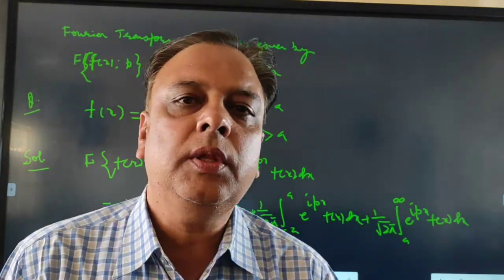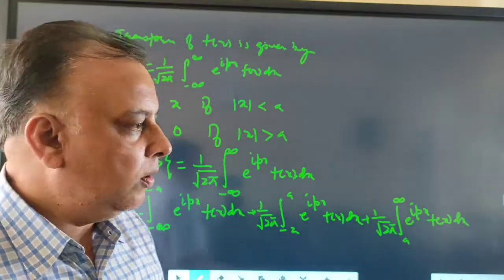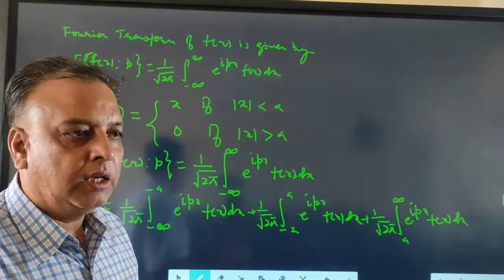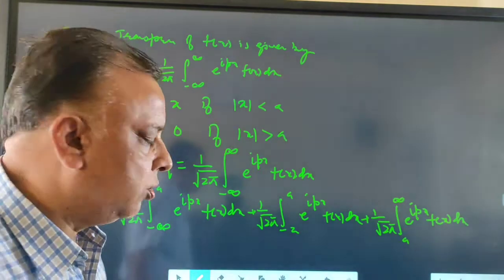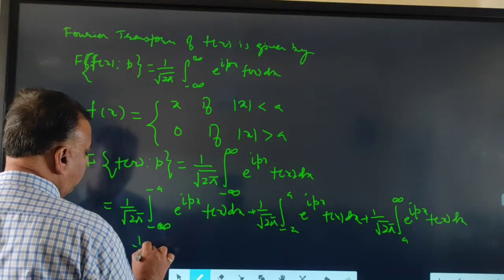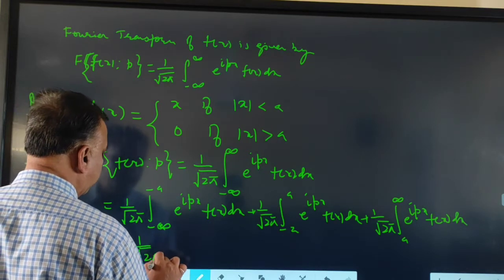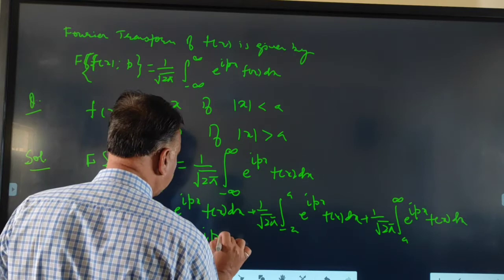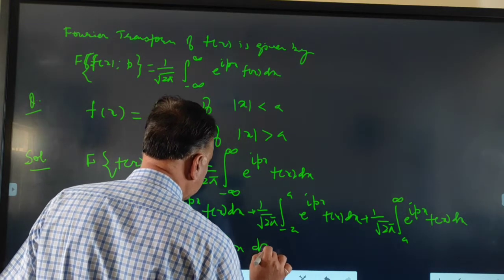Now putting the values of the function, we see that the value of the function is x in the interval minus a to a, otherwise it is 0. So the only integral that remains is the middle integral. We get 1 upon root 2 pi integral from minus a to a e raised to iota px times x dx.